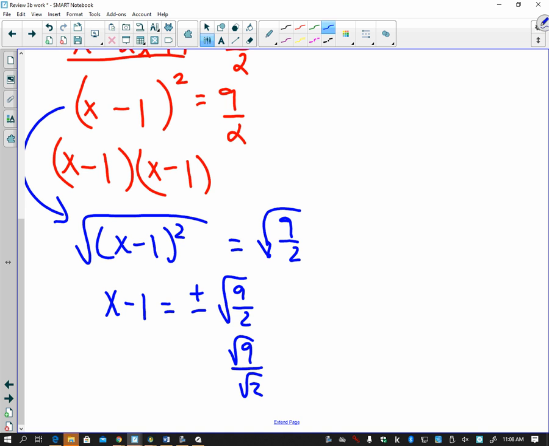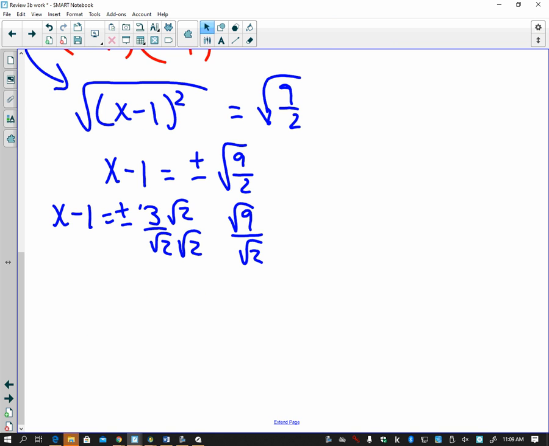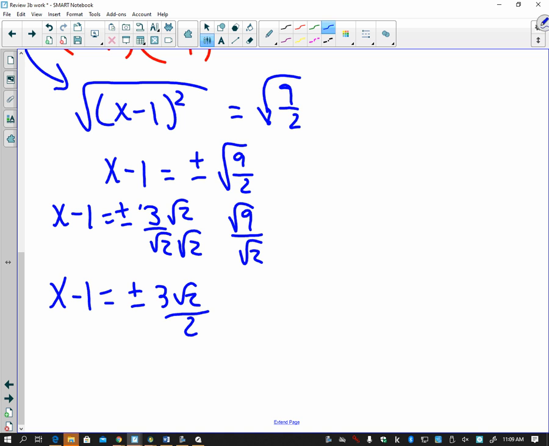Now I can't leave that. So I've got x minus 1 equals plus or minus 3 over square root of 2. Well, I don't know if you remember this, but you can't leave a radical 2 in the denominator. You have to multiply by radical 2 over radical 2, right? Okay, so you're winding up with x minus 1 equals plus or minus 3 radical 2 over 2.